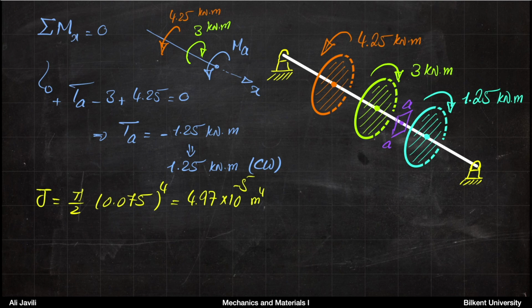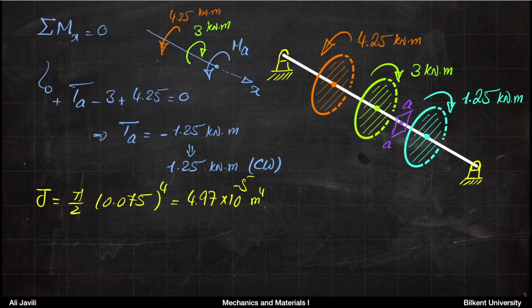Then for the cross section, we calculate J, the polar moment of inertia, and if you remember, it's pi over 2 c to the power of 4. C is the maximum radius, or the external radius, and for the problem that is 75 millimeter.